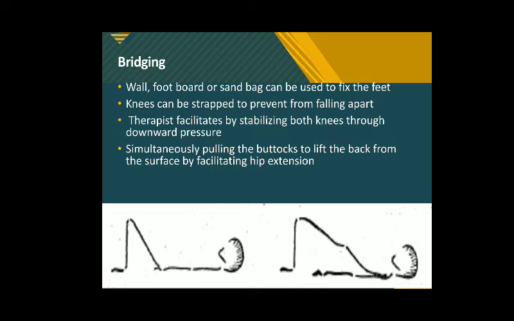If the person is not able to maintain the knees in flexed position together, they can be strapped so that they are prevented from falling apart, and the therapist can facilitate by stabilizing both knees through downward pressure or compression towards the floor, while simultaneously the therapist also pulls the buttocks by providing manual contact to the gluteus so that the extensors of the hip are facilitated to lift the back from the surface.